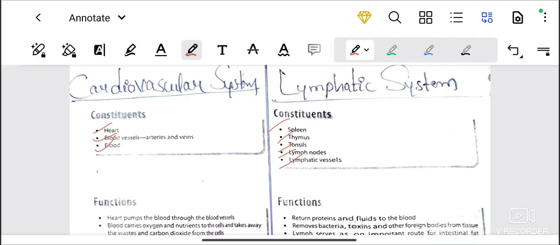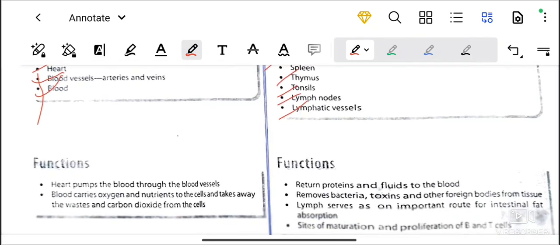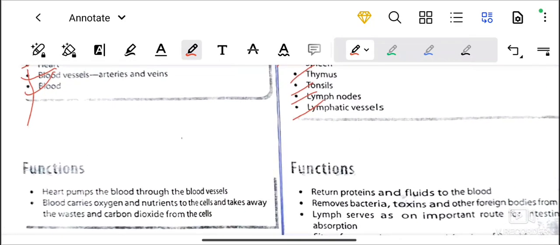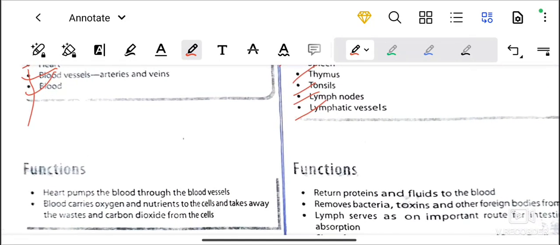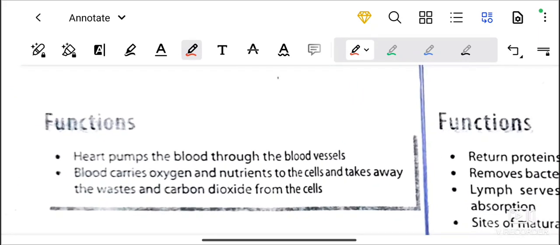The function of the cardiovascular system is that the heart pumps blood through the blood vessels. The heart's main function is pumping; it pushes blood forward to reach other blood vessels and carry it to other parts.